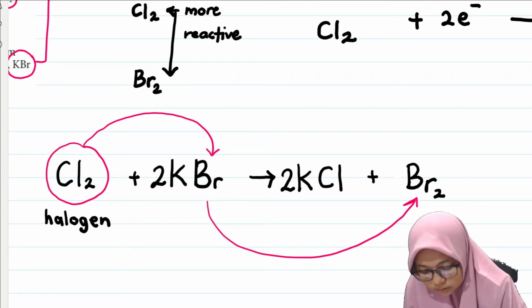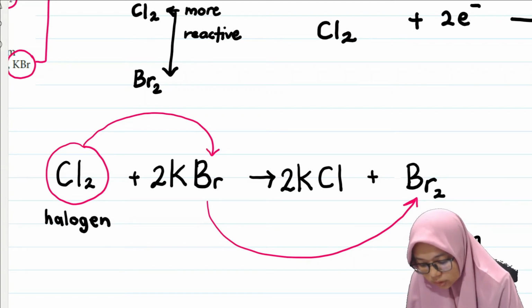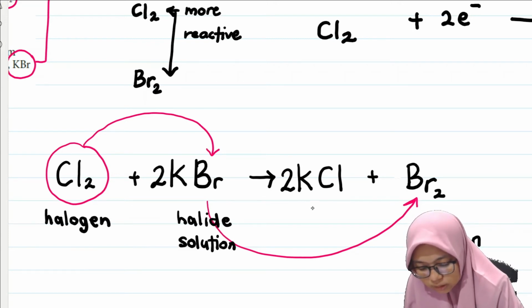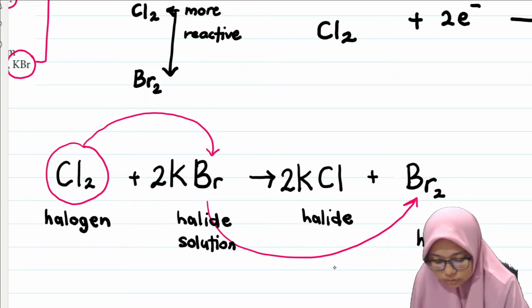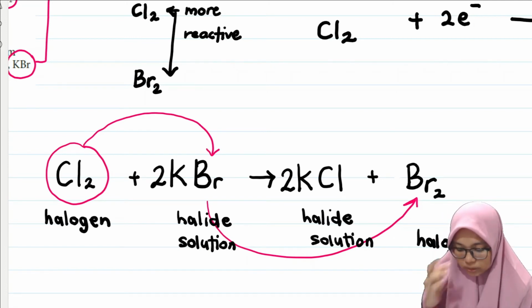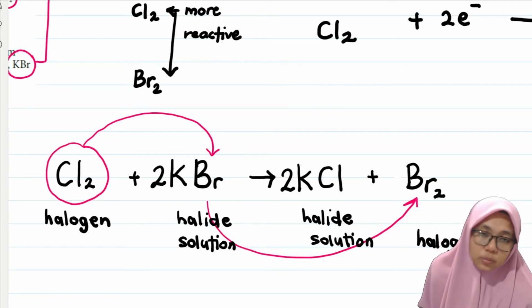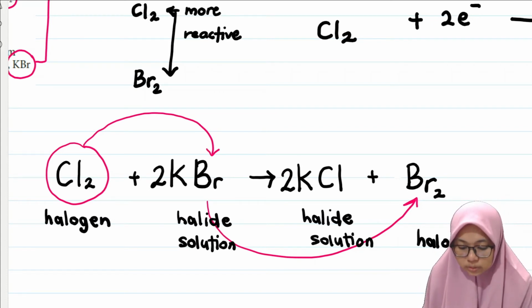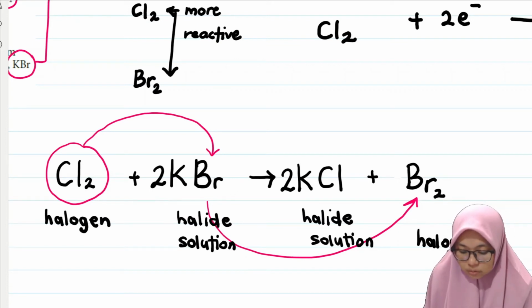Okay, bromine here is also halogen. Okay, potassium bromide is a halide solution. And potassium chloride here is also a halide solution. So when we say that we displace bromine, we are displacing the halogen from its halide solution. So we are displacing bromine from potassium bromide solution.